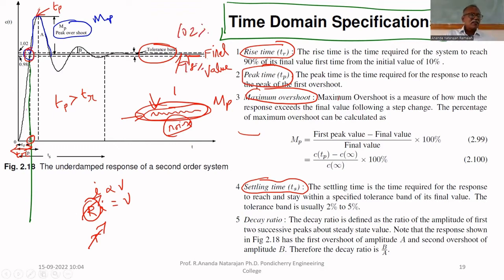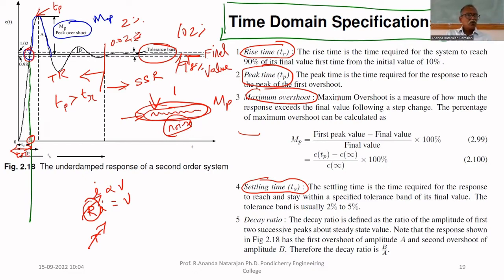After this point, we can say it is the steady state response. Before it, it is the transient response. We are ignoring that 2% variation.